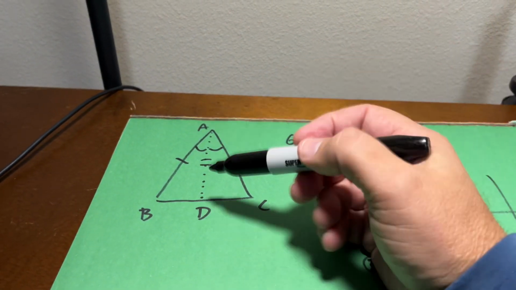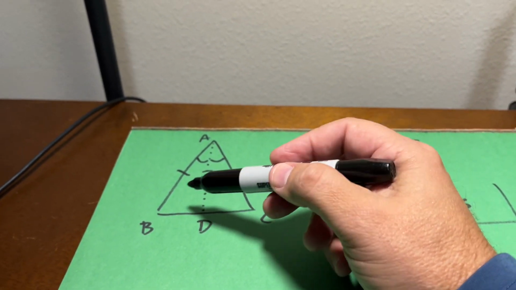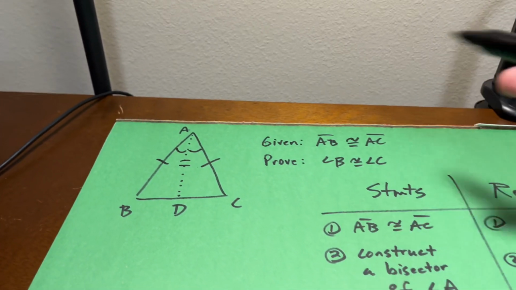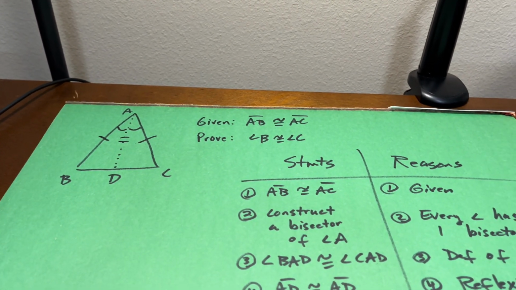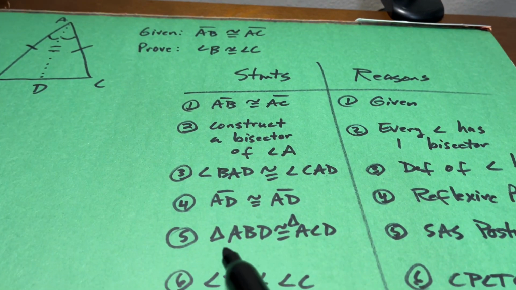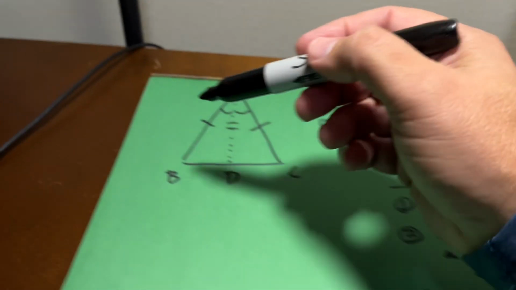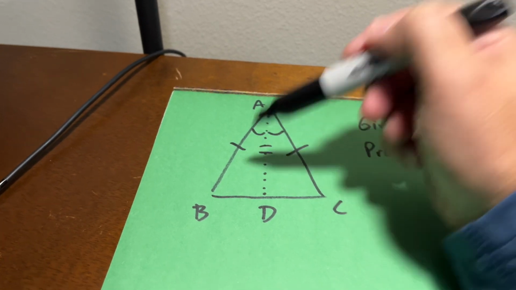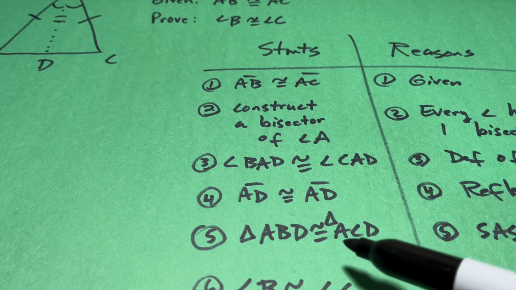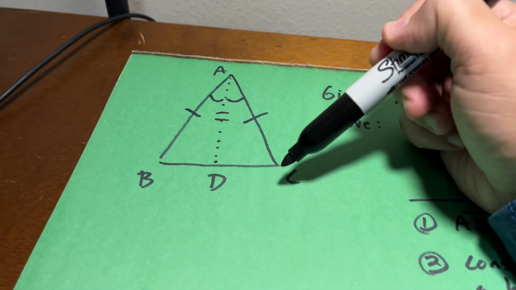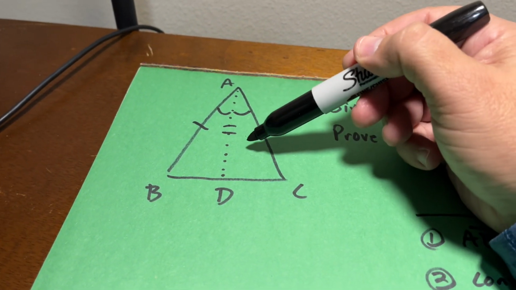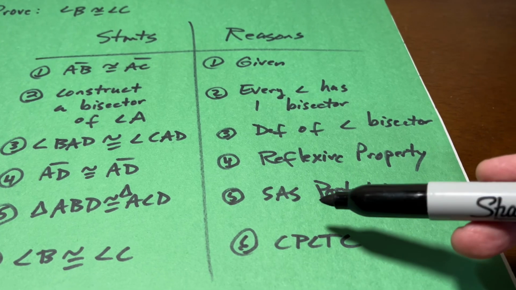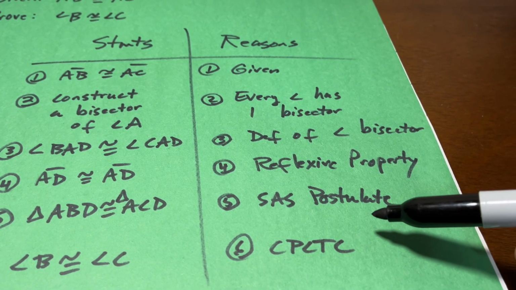So at this point, I've cut this into two triangles and I have a side angle side congruency. So I'm going to say that triangle ABD, in other words, this triangle, is congruent to triangle ACD, this triangle here. Those two triangles are congruent because of the side angle side postulate.